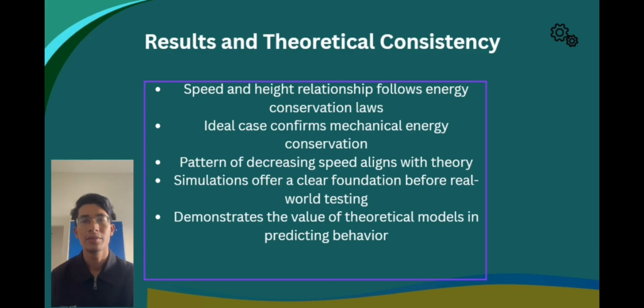Energy transforms from kinetic into potential and then again to kinetic. We will see that the pattern of decreasing speed aligns with theory. Our simulation offers a clear foundation before real world testing. And the last one is that it demonstrates the value of theoretical models in predicting behavior.